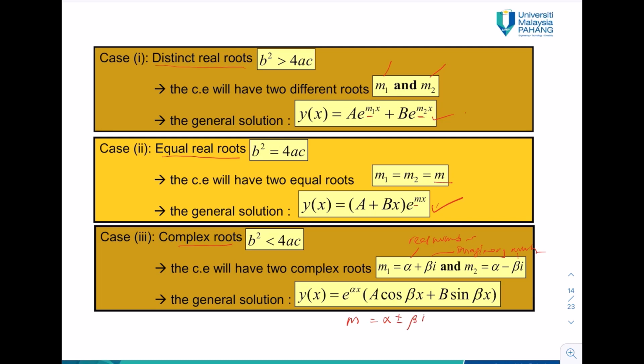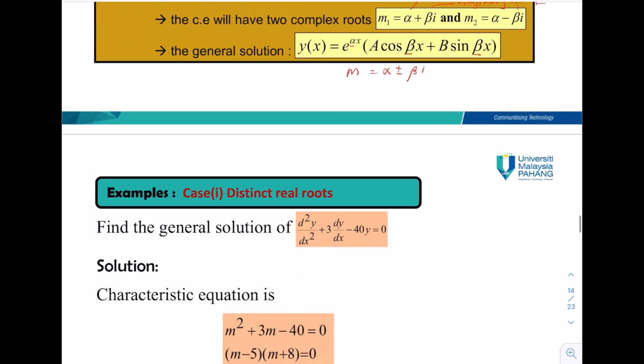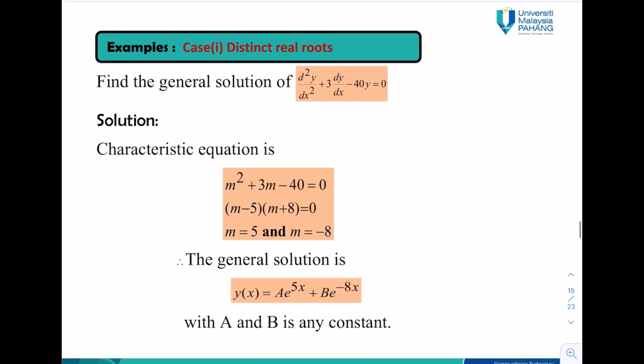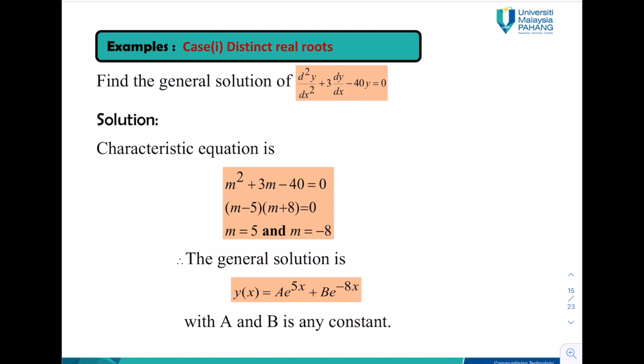Again, alpha is the real part and beta is the imaginary part. So the general solution will be e to the alpha x times in brackets a cosine beta x plus b sine beta x. So you have to remember all these three patterns as well as the general solution of each pattern.